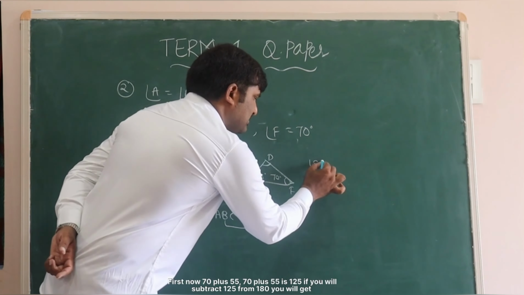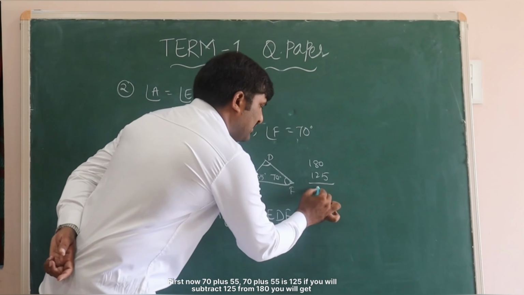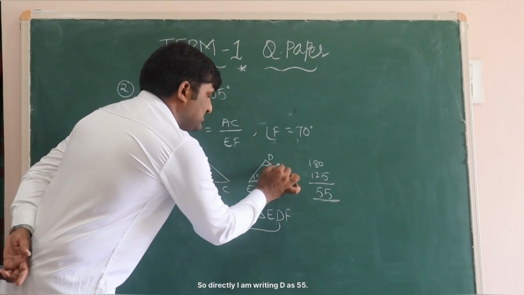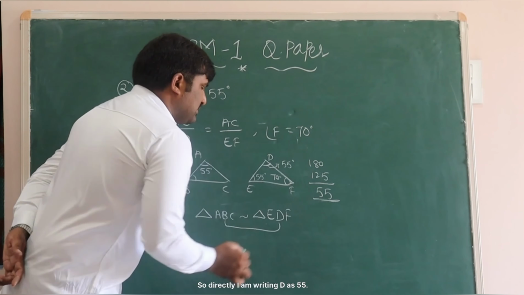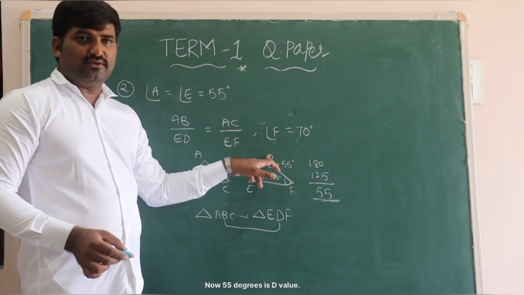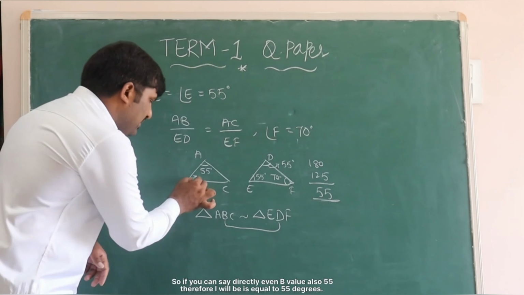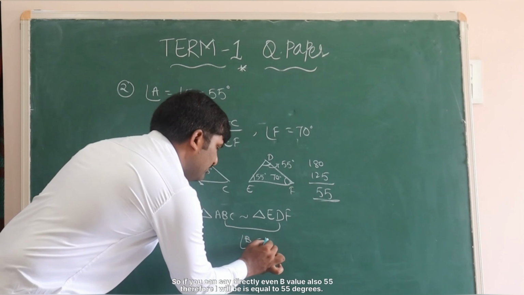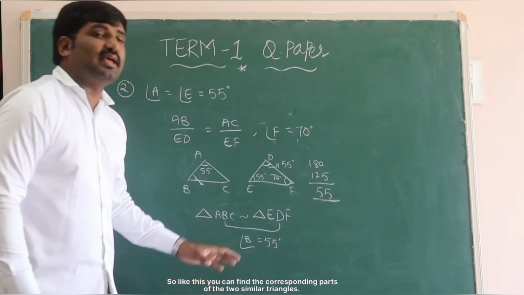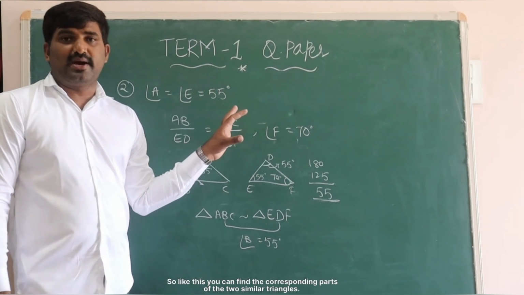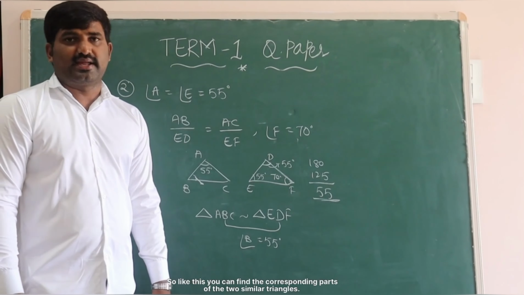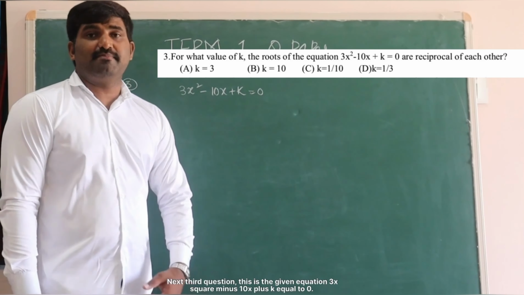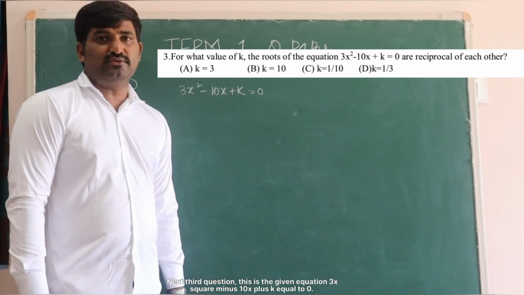If you subtract 125 from 180, you will get 55 degrees, right? So directly I am writing D as 55 degrees. Now 55 degrees is the D value, so we can say directly that the B value is also 55. Therefore angle B is equal to 55 degrees. So like this you can find the corresponding parts of two similar triangles. Next, third question. This is the given equation: 3x square minus 10x plus k equal to 0.